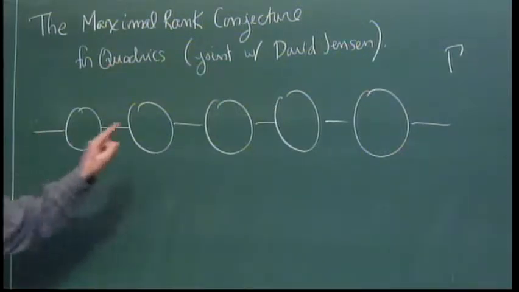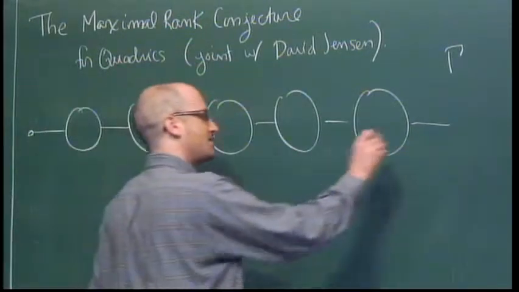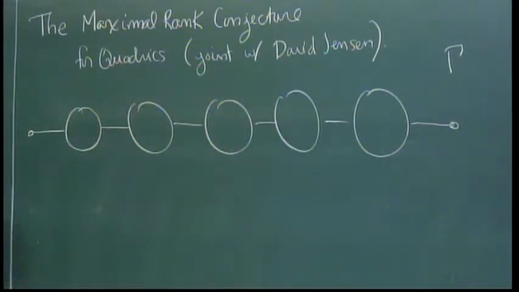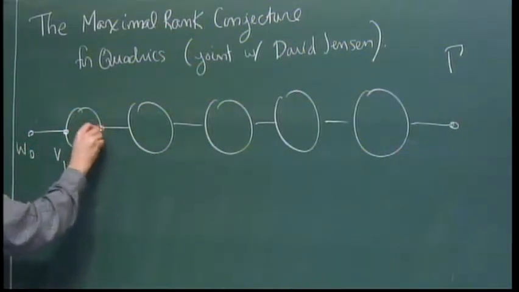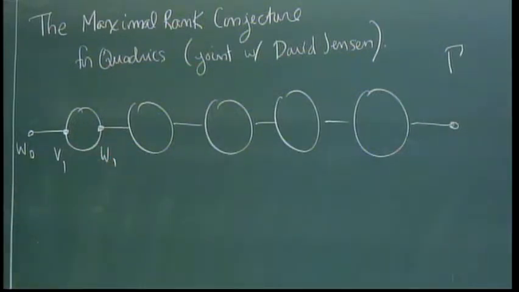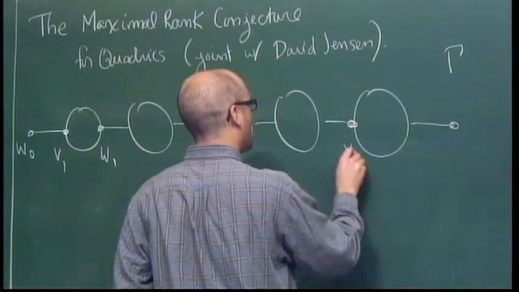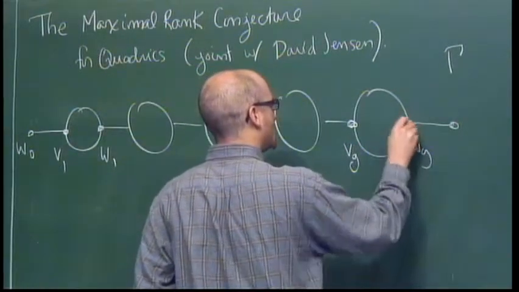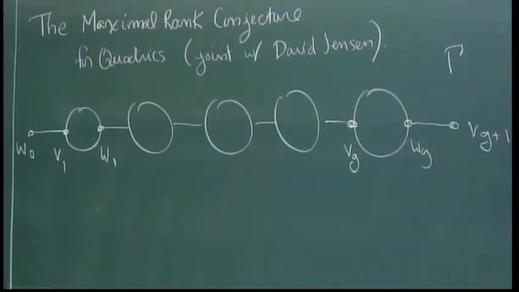And I've added a bridge at the left end and the right end. This does not do anything to the set of divisor classes or their rank, but these edges at the two ends show up in various arguments. So we label the vertices. So W0 is to the left of V1, and this is the same notation as in Matt's talk. So V1 and W1 are the left and right endpoints of the first loop, and so on until we get here to Vg and Wg, and V(g plus 1) is the right endpoint of the graph.